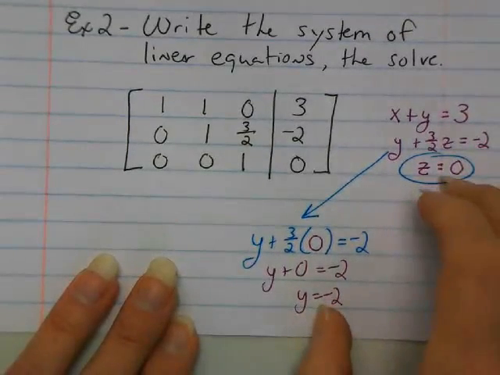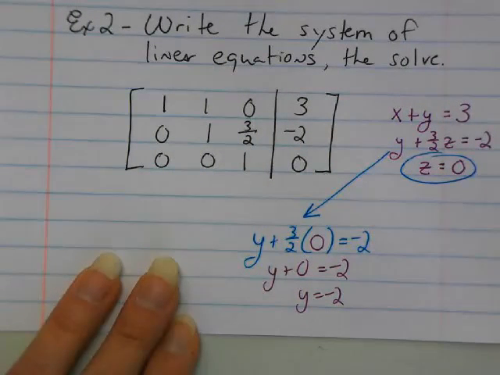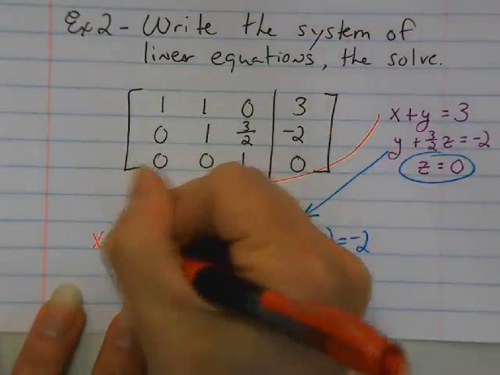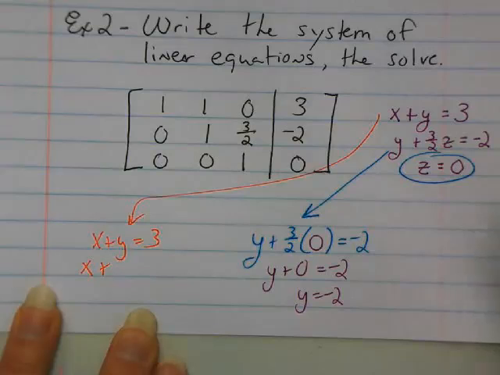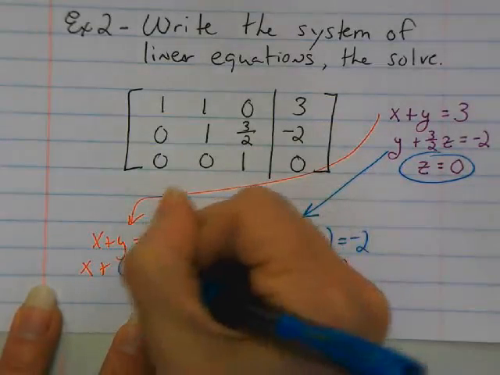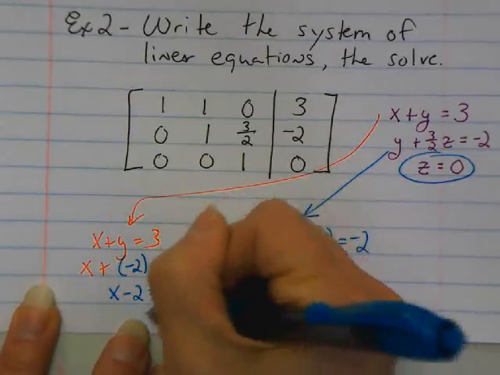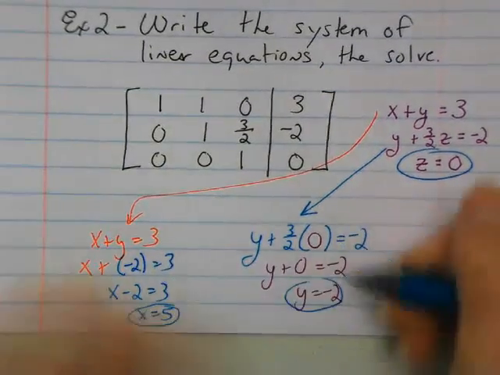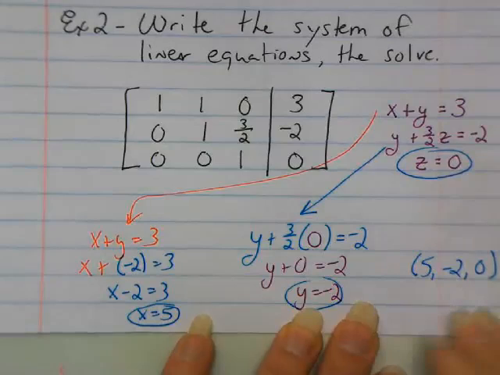Now I'm going to use that piece of information to come back up to the first one. I know that x plus y is equal to 3, and y was negative 2, so I get x minus 2 equals 3, so x is 5. Y is negative 2. So my ordered pair would be 5, negative 2, 0.